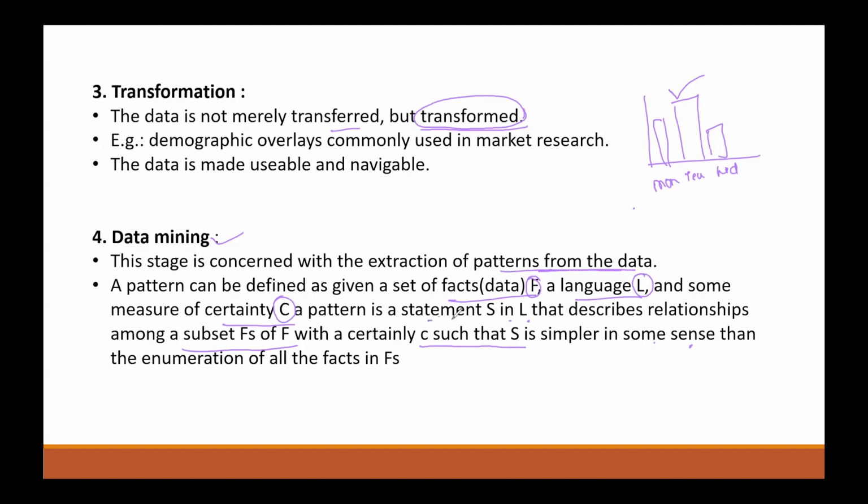A pattern is a statement in a language L that describes the relationship among subsets of the facts, with the certainty C, such that statement S is simpler than the enumeration of all the facts.